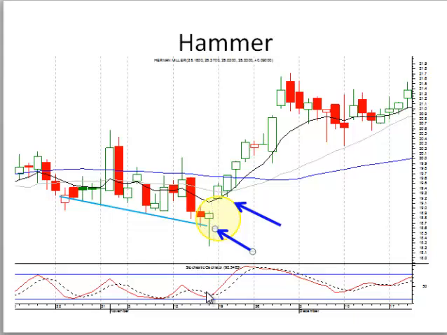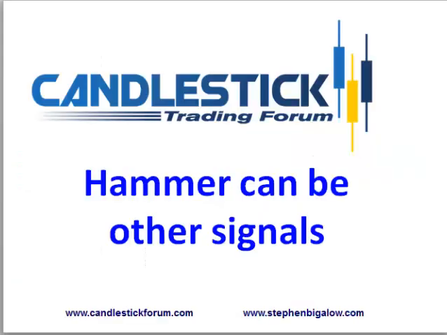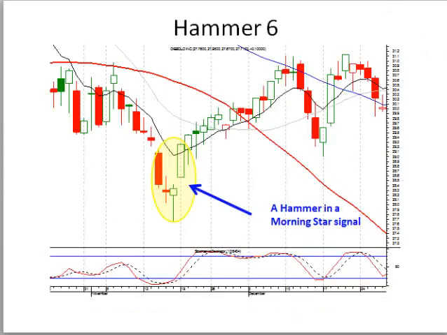And the probabilities are, with the strength of this type of signal, a hammer followed by a gap up through the T-line, that this downtrending channel is probably going to be breached and you're going to be in a strong uptrend. And the hammer signal, like many other of the candlestick signals, can also have duplicate names. It doesn't matter what you name them, they're still the signals.